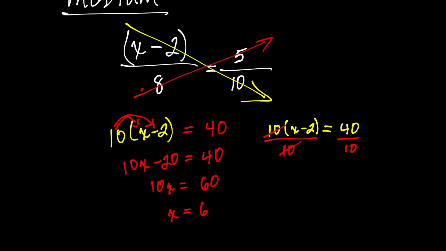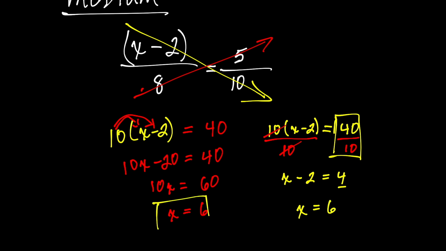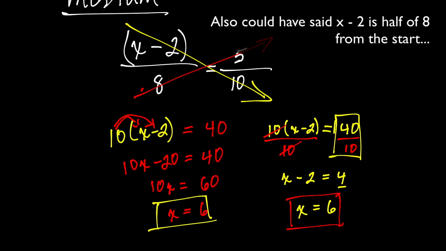So now we just have x minus 2 equals 4, because 40 divided by 10 is 4. Then I will add 2 on each side. 4 plus 2 is 6. So notice we get the same answer in both cases, just two different ways to do that. Or as they said in the old days, there's more than one way to skin a cat.